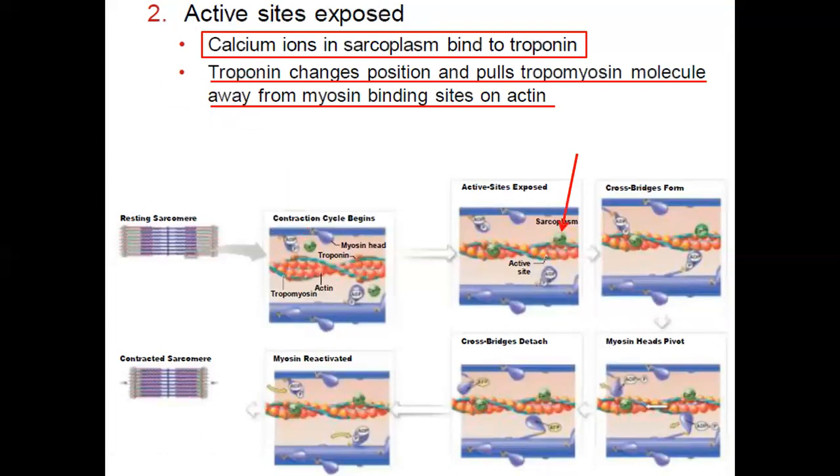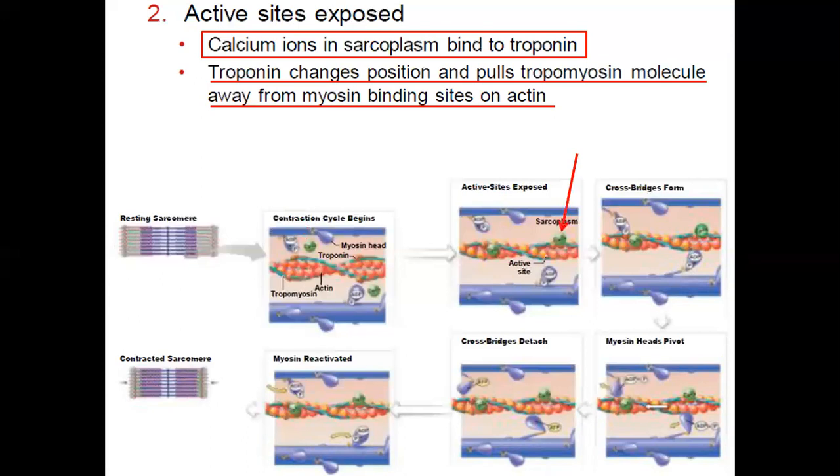Troponin changes shape when calcium binds to it. And as it changes shape, it pulls on tropomyosin. And remember, in a resting muscle, tropomyosin is covering the actin binding sites where myosin can bind. So in a resting muscle, myosin cannot bind to actin because tropomyosin is covering it. So calcium then binds to troponin, which is bound to tropomyosin, and moves tropomyosin out of the way of the actin binding site.